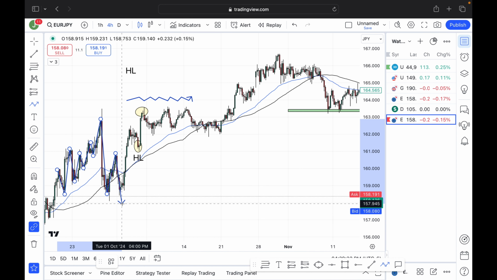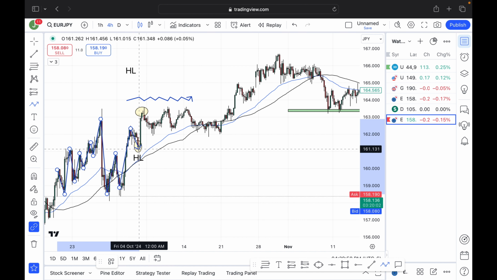Okay, so we are still in a downtrend. Don't let this confuse you, right? Because it looks like it's in an uptrend. It's not. The structure of the market is in a downtrend because this is our last lower high point. This is our last lower low point.